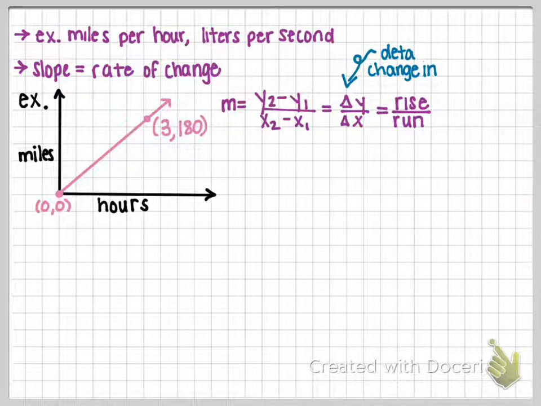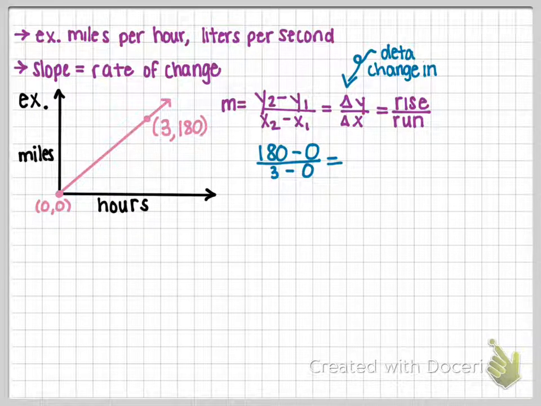So if we want to find the rate of change between those 2 points, we would take our y terms and subtract them, 180 minus 0, divided by my x terms, subtracted 3 minus 0. So remember, it doesn't matter which one is your x1 and your y1 and which one is your x2 and your y2, as long as you keep those 2 points together.